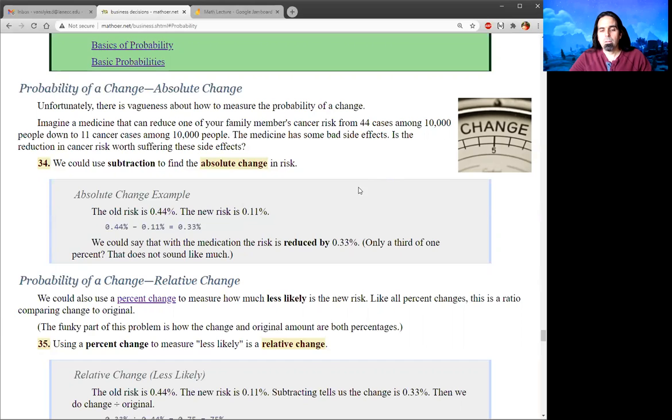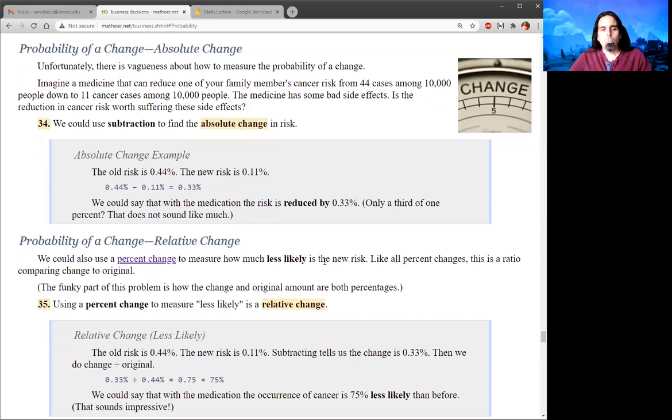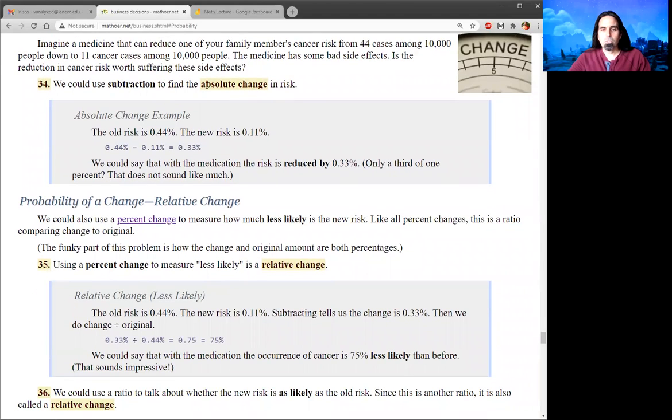And this is a little tricky. You sometimes have to stare at it. So I've actually done the problems out on the website. We could use subtraction, and this is called an absolute change. The old risk was 44 out of 10,000, so 0.44%, not 44%, just 0.44, less than 1%.